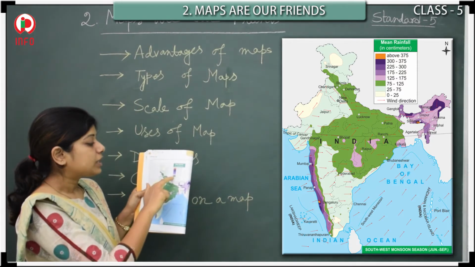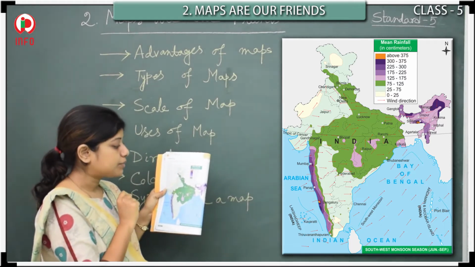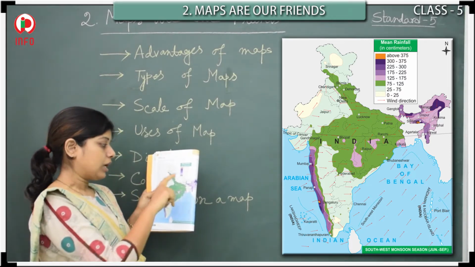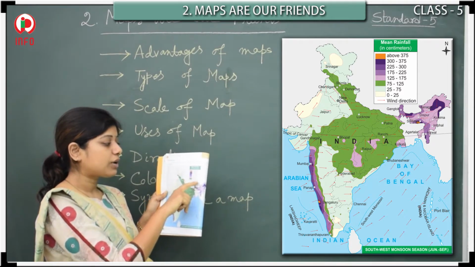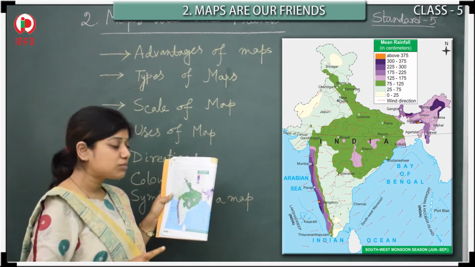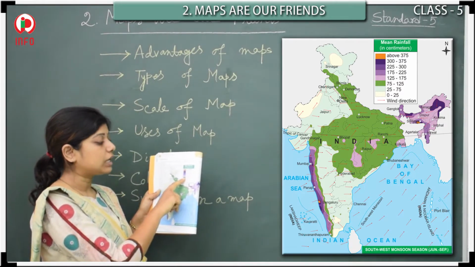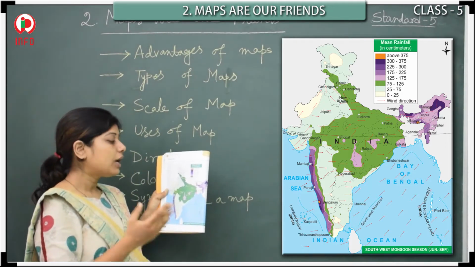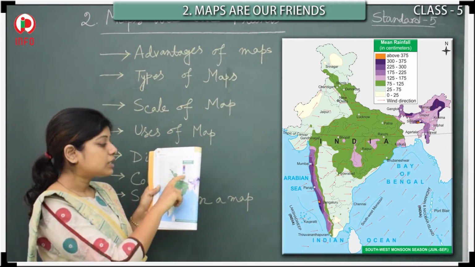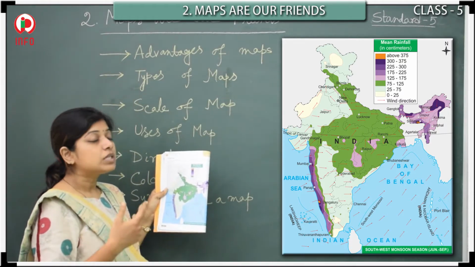Next, this one is representing 125 to 175 centimeters, and the green color is indicating 75 to 125 centimeter rainfall. And see here, this one is indicated with 25 to 75.